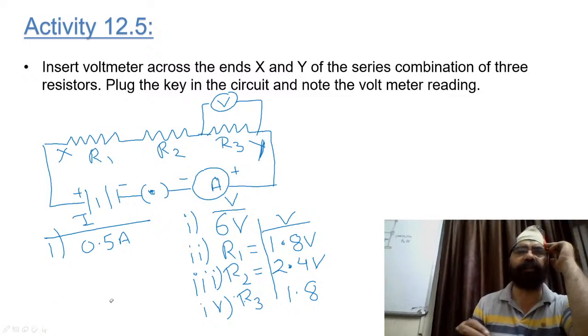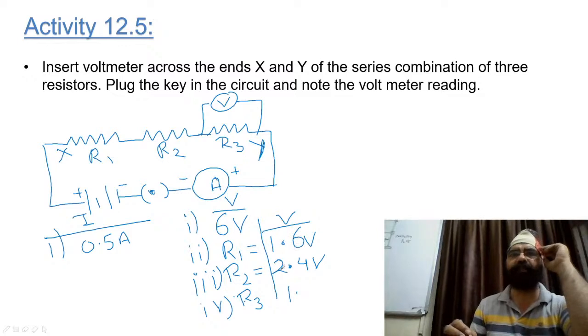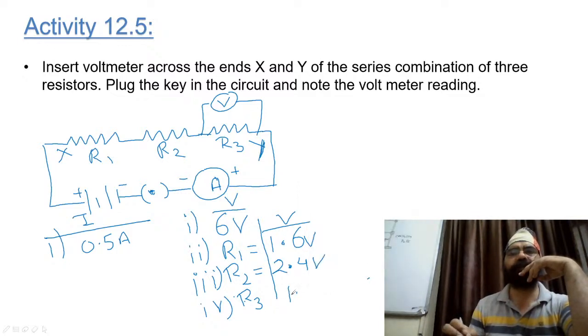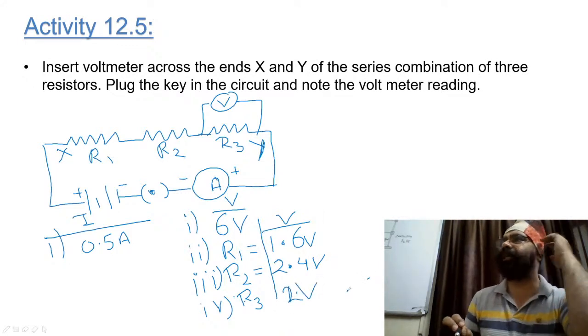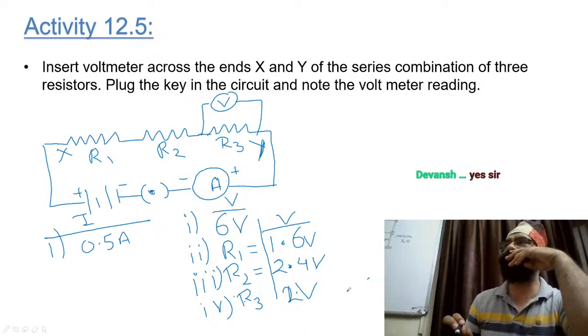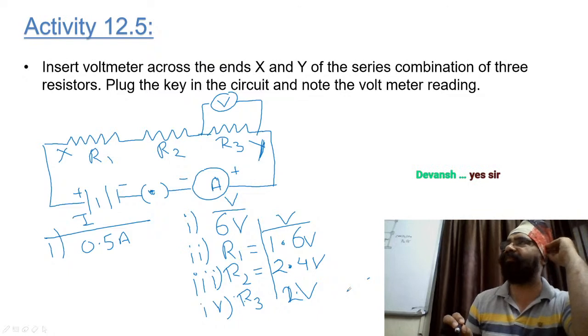Suppose in this case it was 1.6 and in this case it is 2.4. The total is 6 volts, so 6 minus 4, that is 2 volts in this case. So you see that the potential difference across each of the 3 resistors is different.